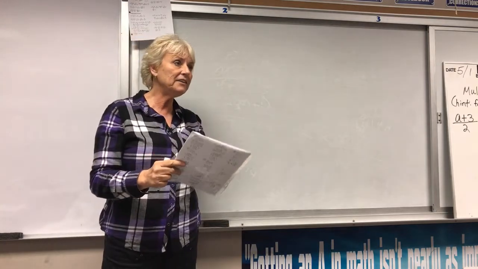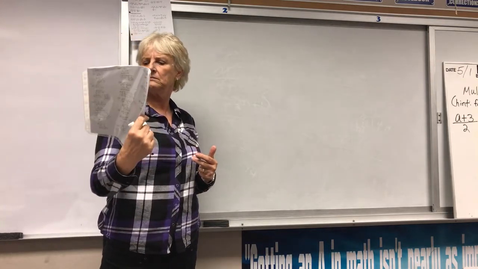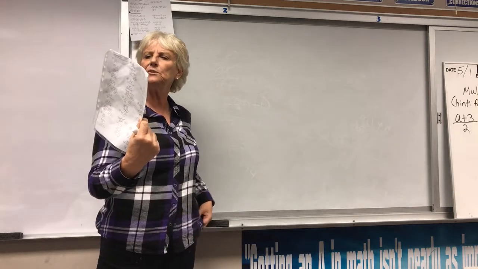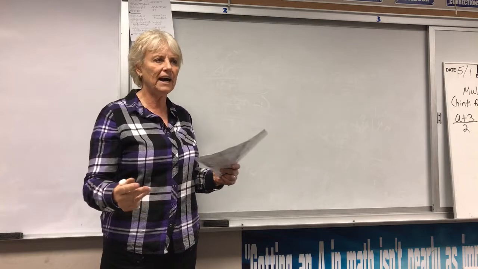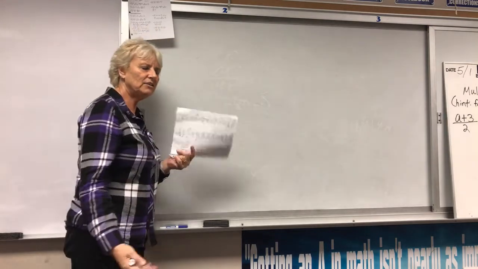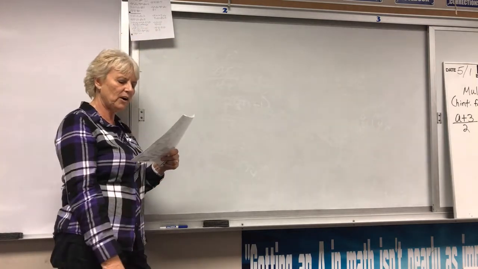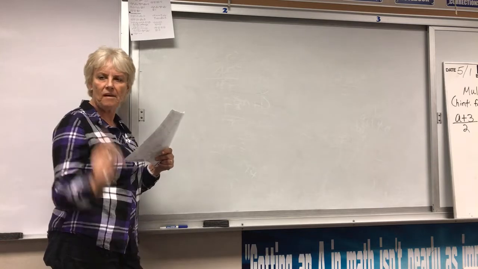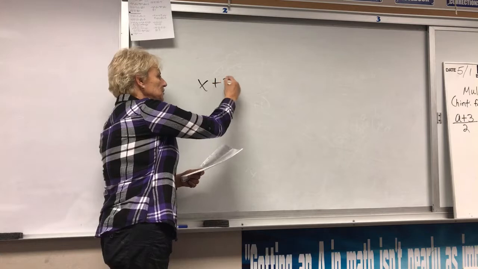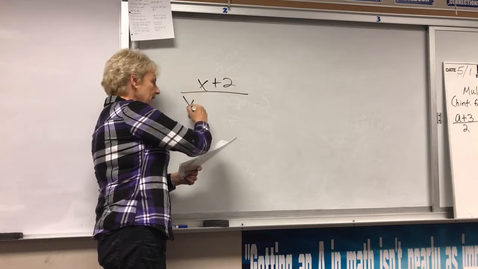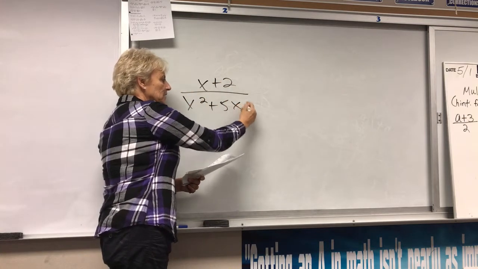Now, 11 through 21, 22, all you had to do was simplify. I didn't care about the excluded value. Excluded value takes a while sometimes, so I left that part off. All right, go. We're doing number 13. X plus 2 over x squared plus 5x plus 6.